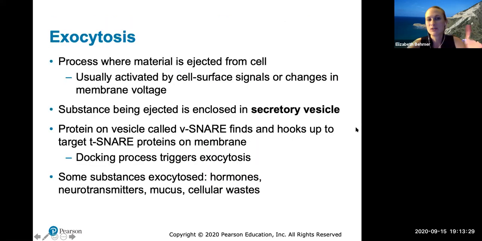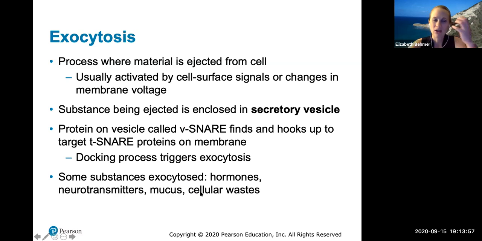Exocytosis then is the process where material is ejected from the cell. It's usually activated by some sort of cell surface signal or changes in membrane voltage. So anything being ejected will be enclosed in a vesicle, and it is kind of spit out of the cell, kind of like vomiting. Substances that are often exocytosed are hormones, neurotransmitters, mucus, and any sort of cellular waste.